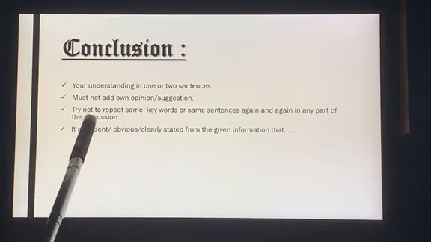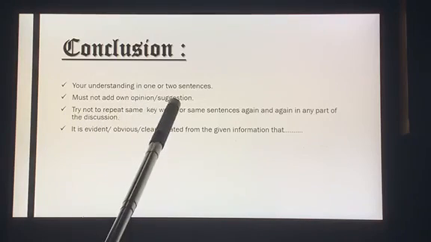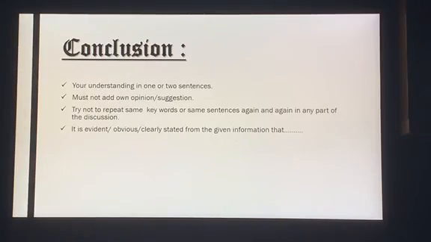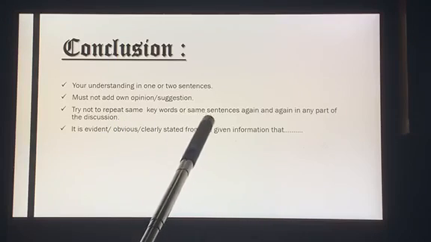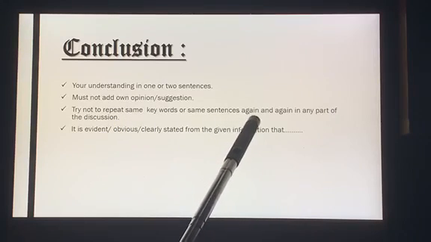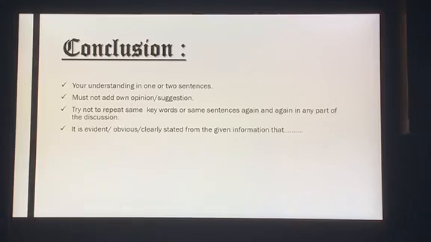You must not add your own opinion or suggestion. Remember that always, while you are describing a graph, you are never to give your own opinion, suggestion or interpretation of the given information. There is another important thing: try not to repeat the same keywords or the same sentences again and again in any part of the discussion.